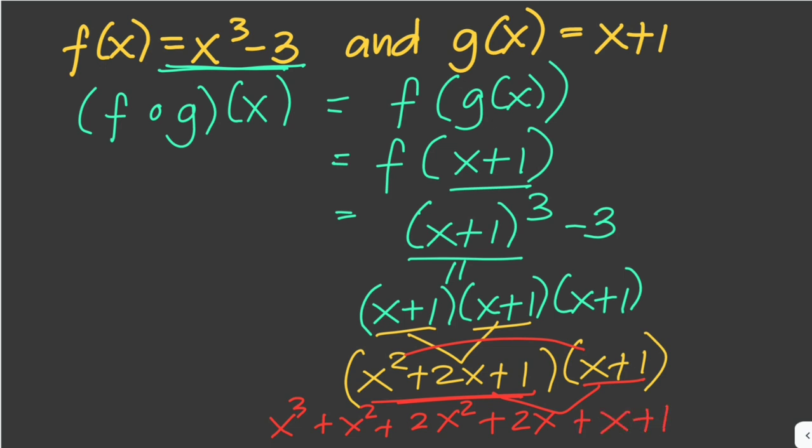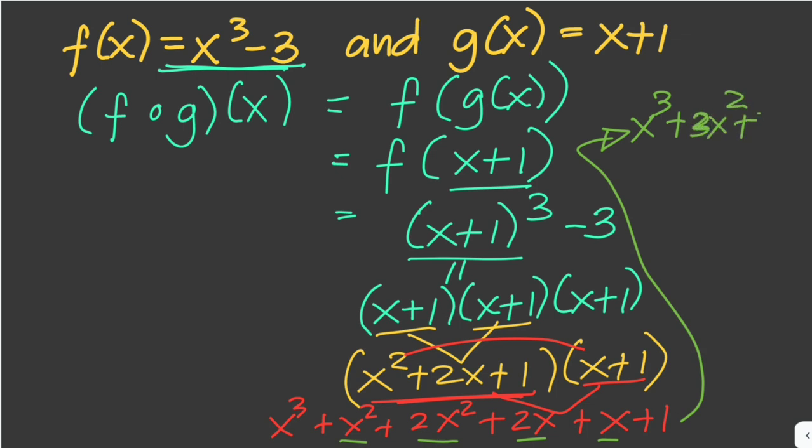And then we simplify by grouping like terms. So this one goes with this, as well as 2x and x. And this would give us x cubed plus 3x squared plus 3x plus 1. Then we have 3 here minus 3.